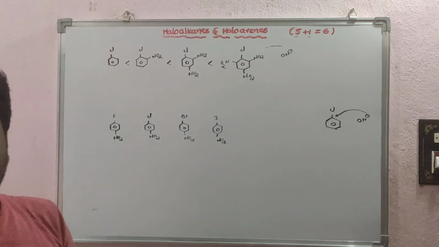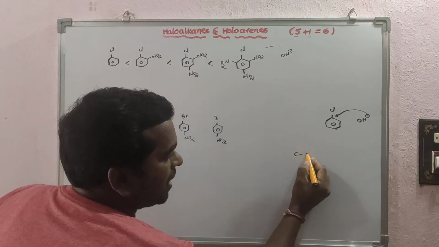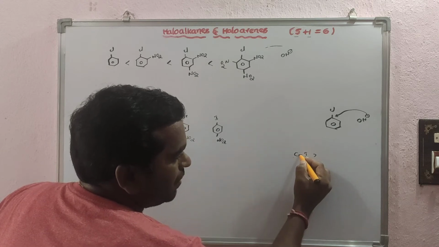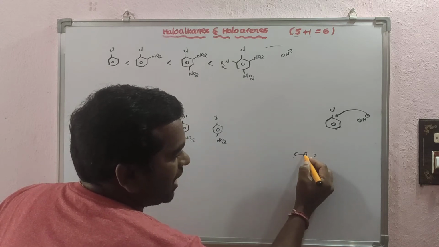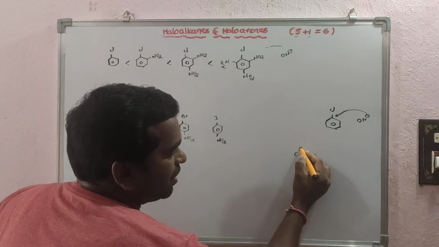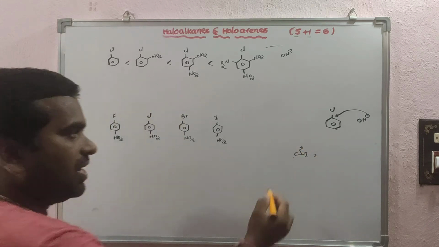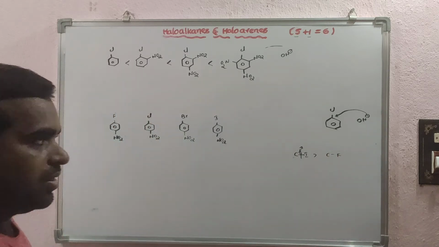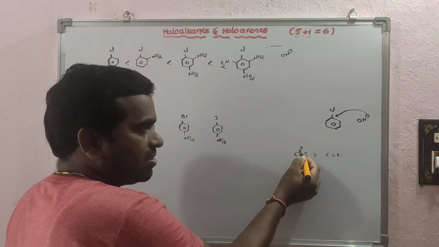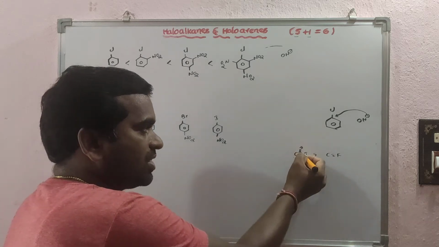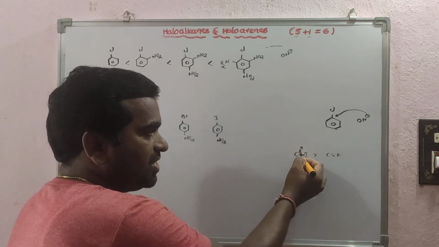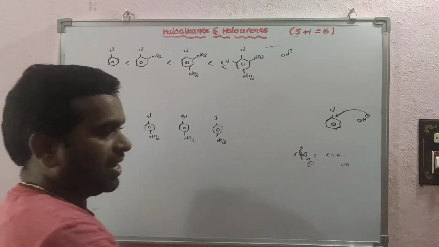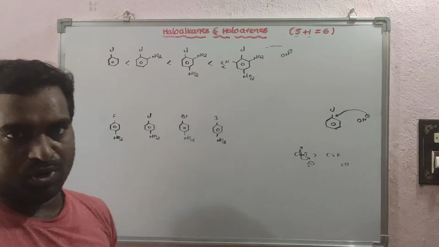Iodine is a very good leaving group because the carbon-iodine bond is longer and weak, so it breaks very easily compared to the carbon-fluorine bond. The C-F bond is short, while the C-I bond is longer, so the bond strength is less, the bond breaks very easily, and iodine is removed as I minus easily compared to F minus. So iodine is a very good leaving group.